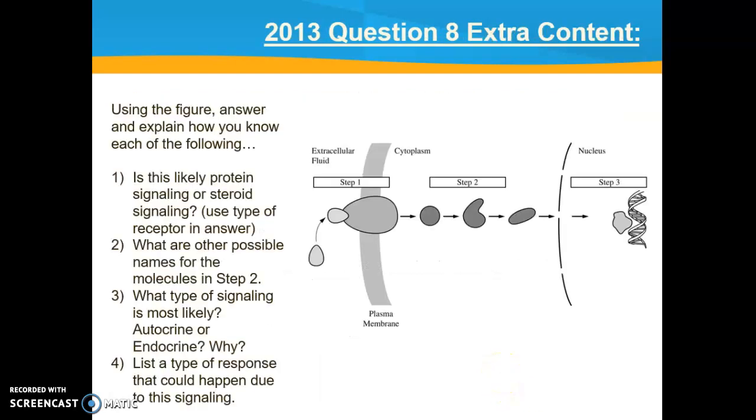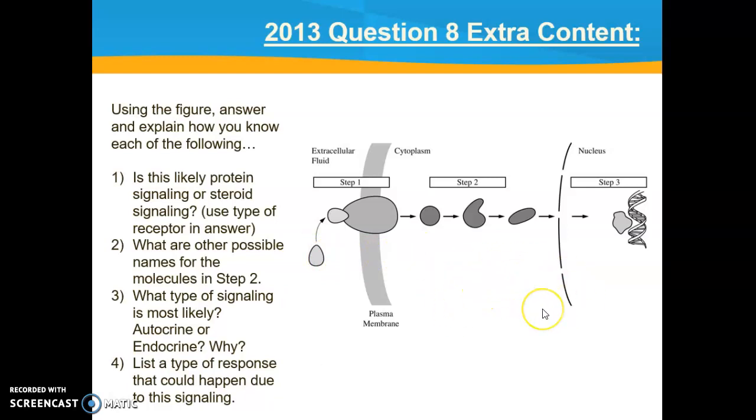Extra credit or extra content for you to take a look at are just some extra questions. For example, number 1: is this protein signaling, is it protein or is it a steroid? Thinking back to the case study we did, My Dog Is Broken, if you remember that case study, it looked at the ligand entering through the cell membrane and being received inside the cytoplasm.